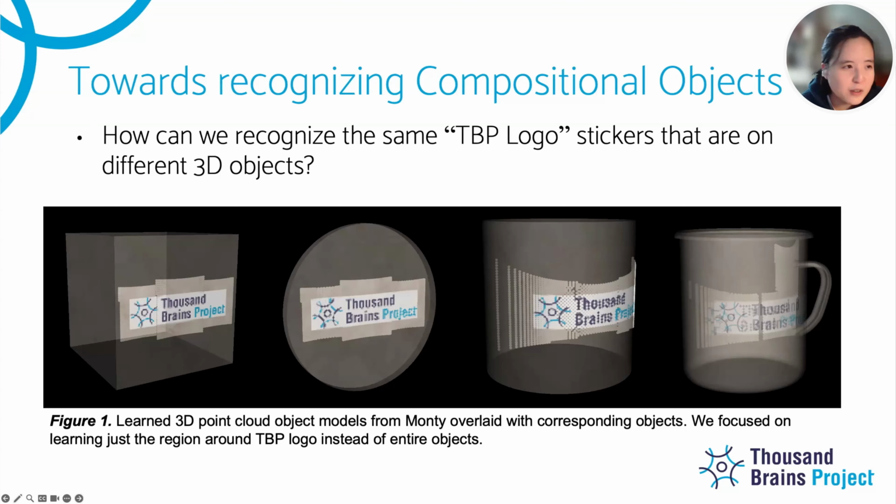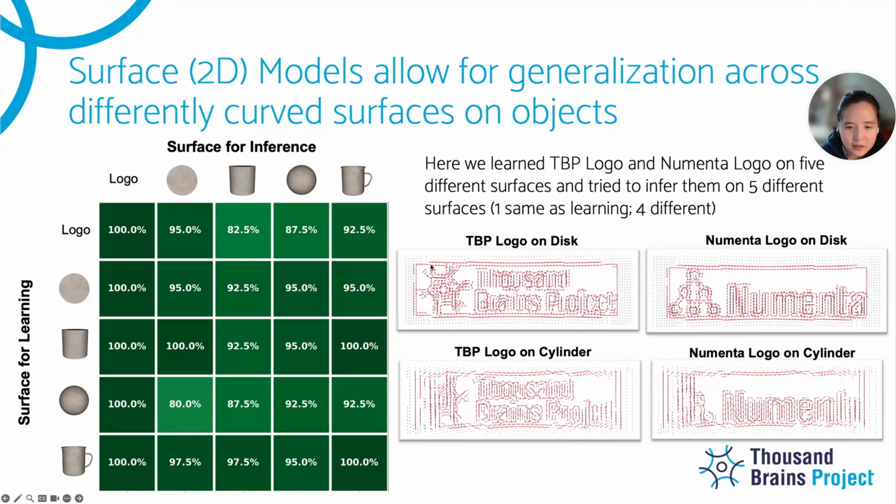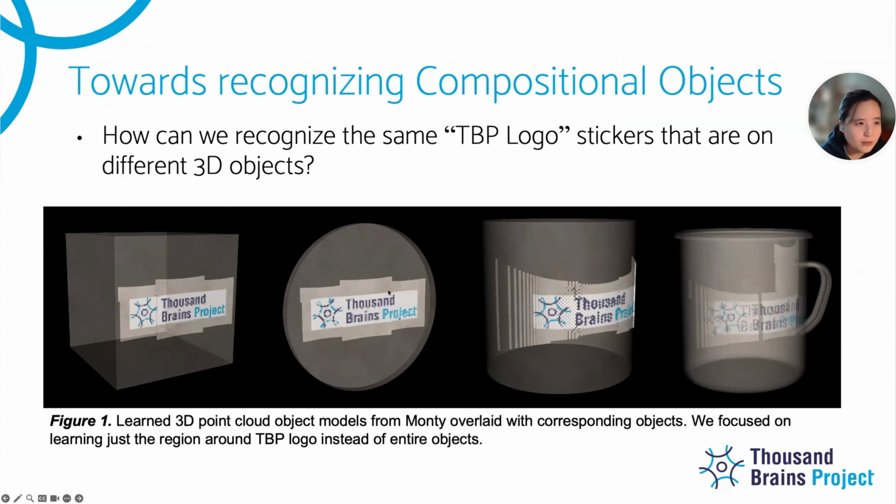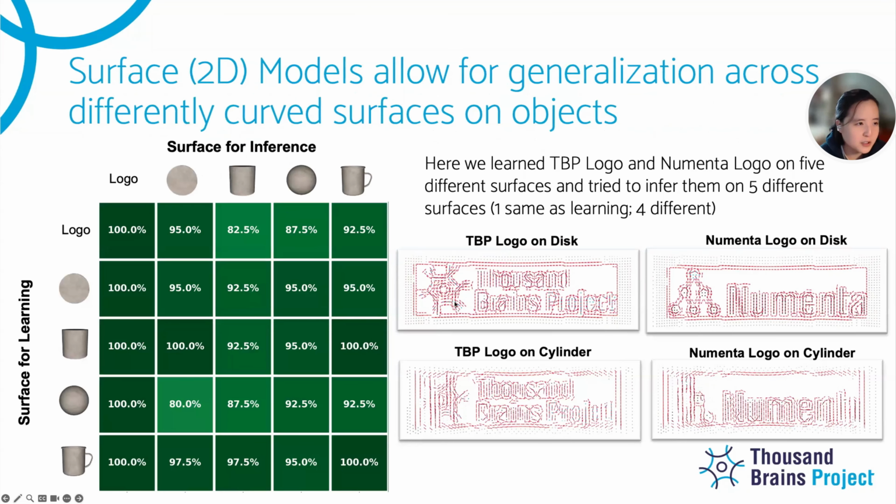The main thing about the 2D surface model is that now we can learn a 2D representation of the same TP logo, or whatever you want, in a consistent manner across different surfaces. I know this is a busy slide, but I'm going to start from the bottom right area. Here I'm showing the learned 2D model of the TP logo on a disk.